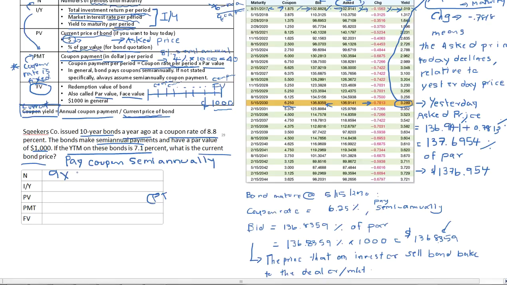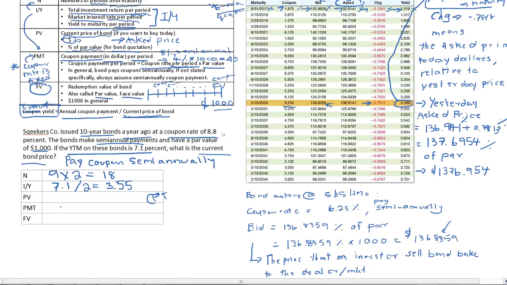But because the bond pays coupon twice a year, the number of periods will be 18. I/Y will be the yield to maturity, 7.1, but that is percent per year, so you have to make it percent per 6 months. So I got 3.55.